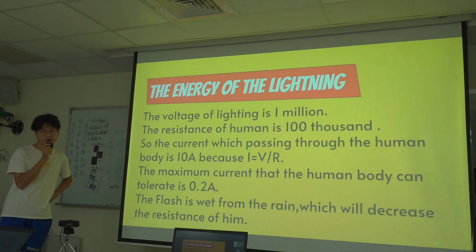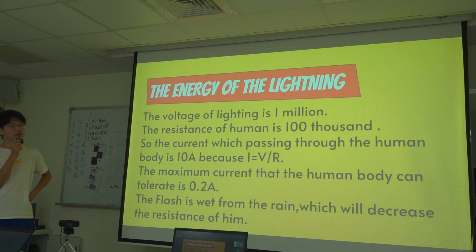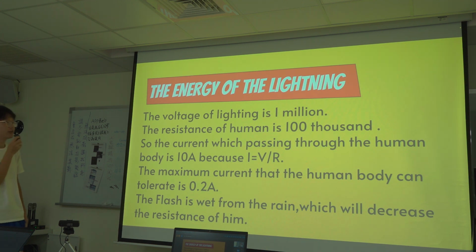And I think it is impossible in physics because lightning has very strong energy to kill a human, and at this time the Flash does not have the superpower. The voltage of lightning is about 1 million volts, and the resistance of a human is about 100,000 ohms. By Ohm's law, the current passing through the human body is about 10 amperes, because I equals V over R.